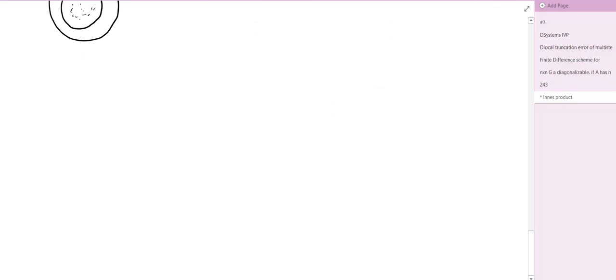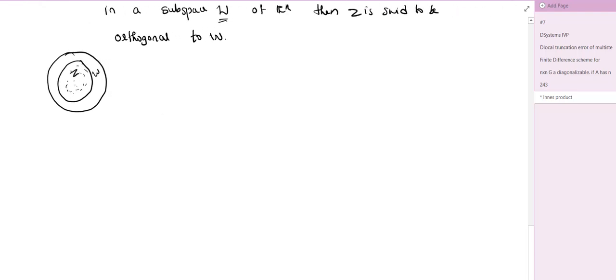Before we go for any orthogonal vectors, I have one more important definition to be defined, that is orthogonal sets.